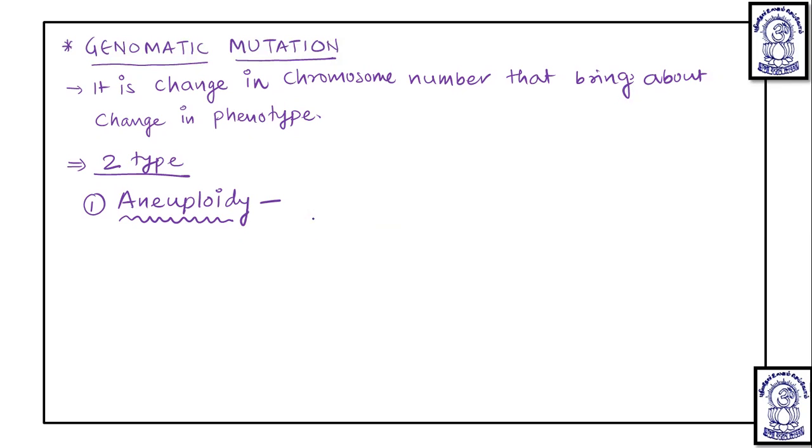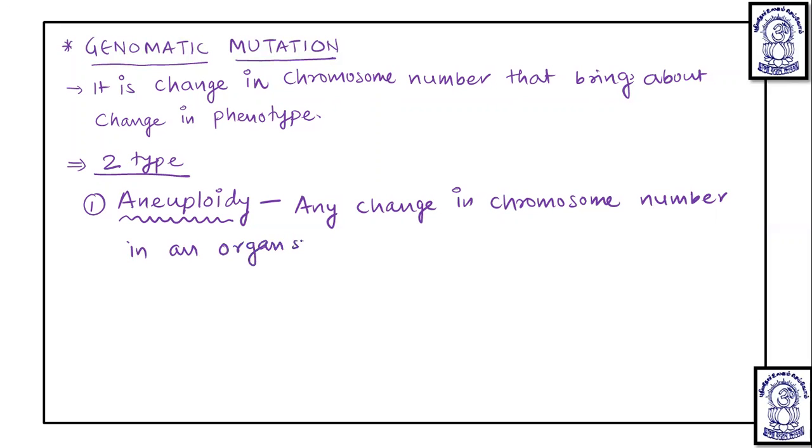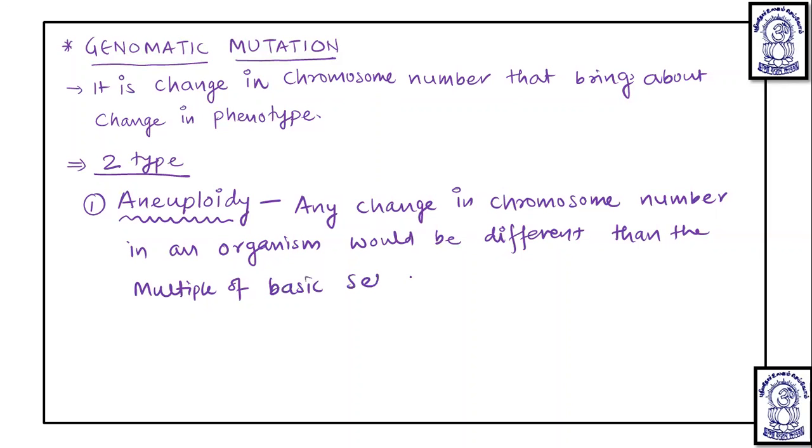So if any change in chromosome number in an organism is different than a multiple of the basic set of chromosomes, then it is known as aneuploidy.